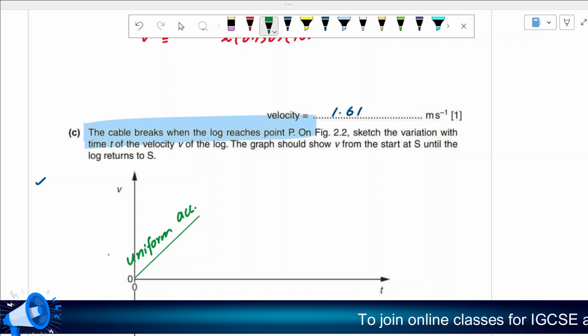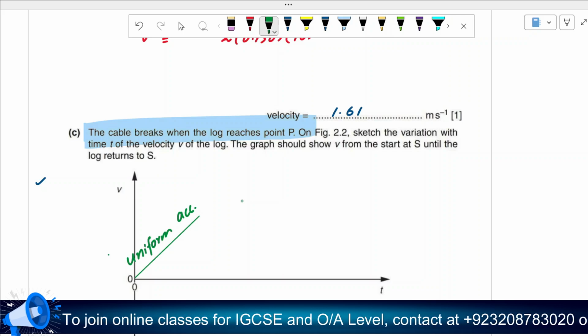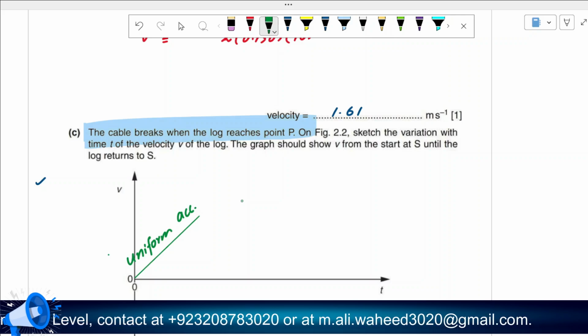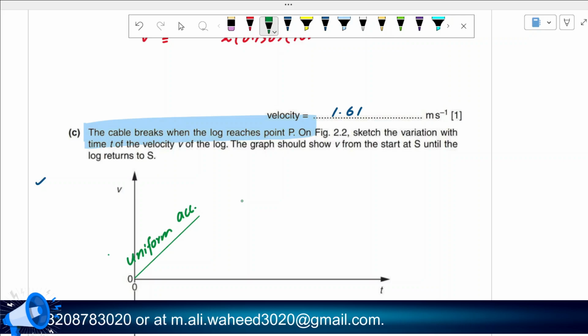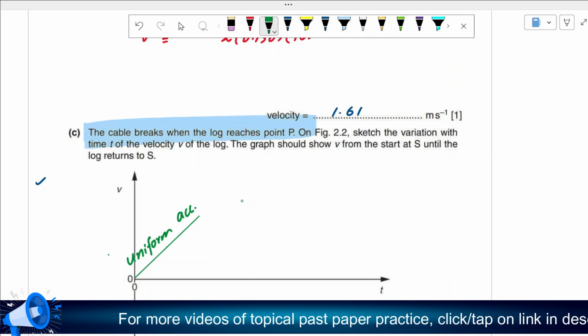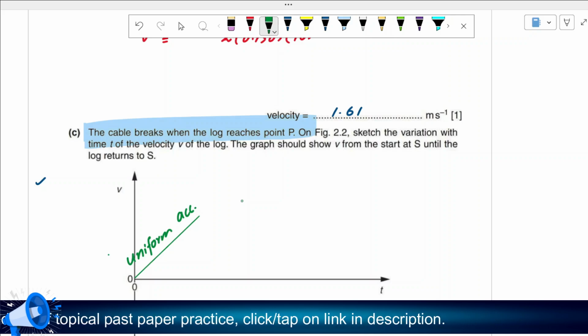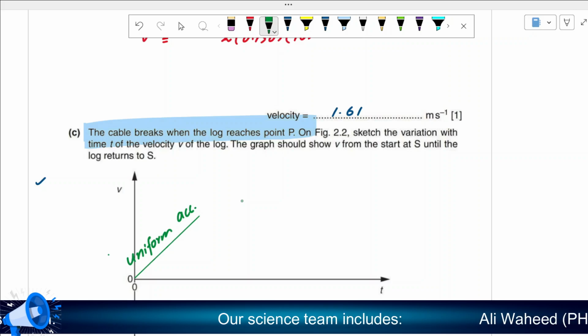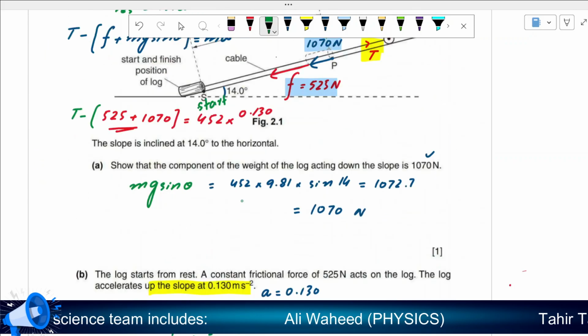Then what happens? As the cable is broken, there won't be any force which would increase the speed of the log further. So as the cable is broken, the log would start to slow down and its velocity would be reduced to 0 once again. So what does that look like?